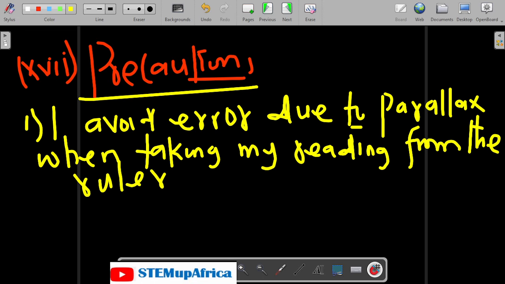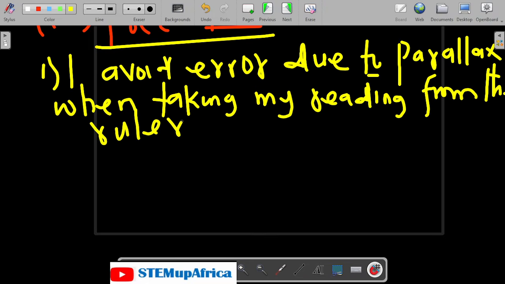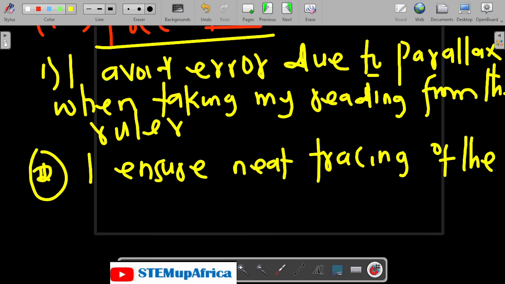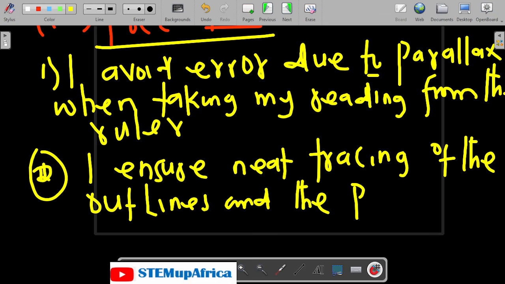So you must state clearly which device or equipment you are using. Number 2, because there are many, let me just write a few of them. You can say I ensure neat tracing of the outlines and the points of the optical pins.